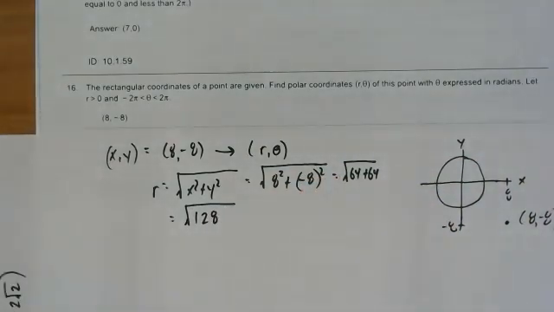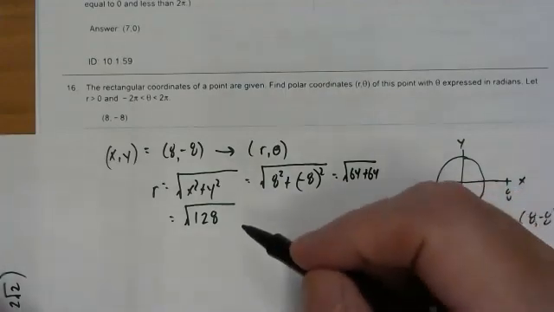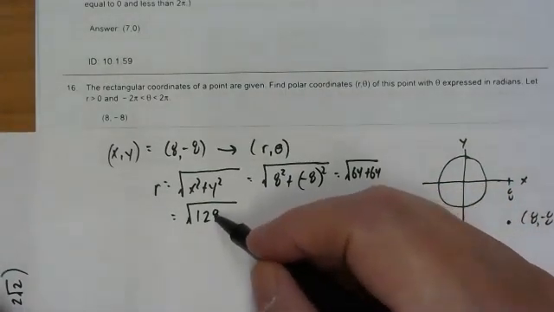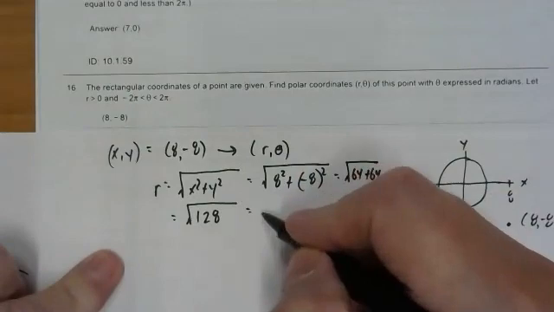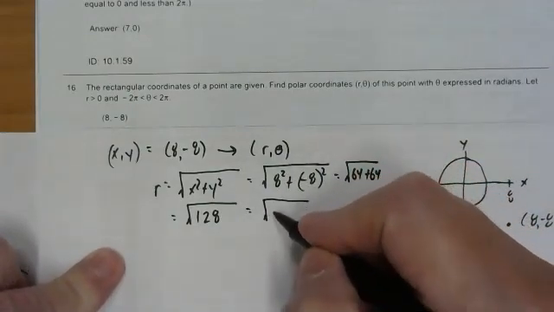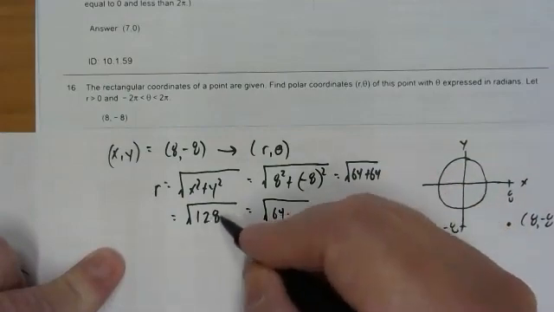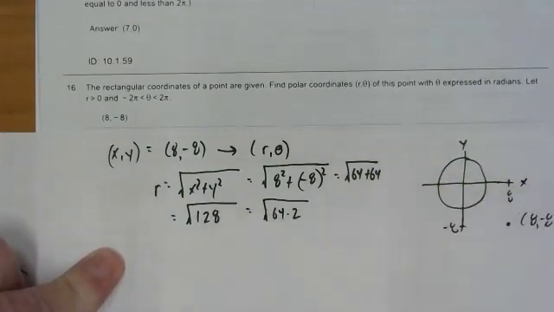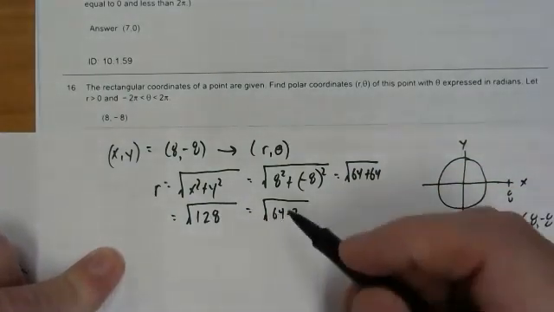Now, in the world of math, whenever you have a radical, you always have to simplify if possible. Once again, I don't have time to describe how to simplify radicals. Hopefully you all remember how to do that. But this one, 128 is the same thing as 64 times 2.